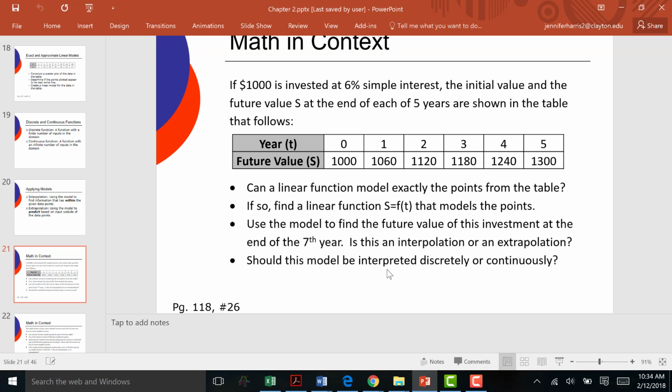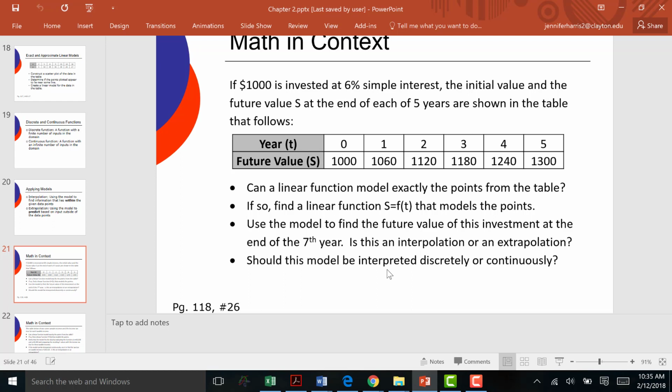Even though I know it's right, it's going to mark it wrong. What do you have to change this to? Now it's right. Just make sure you use the variables they use. Okay? All right, that was bullet number 2. We just finished bullet number 2. Find the linear function. We just created it using Zuru.